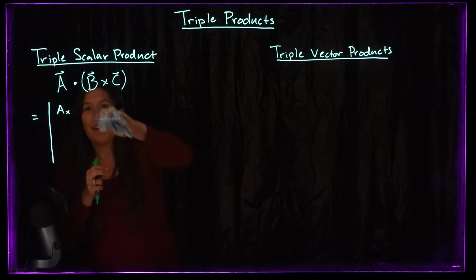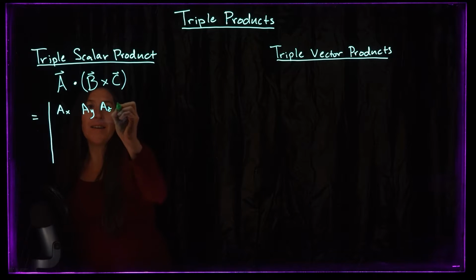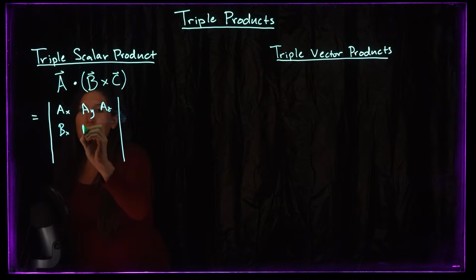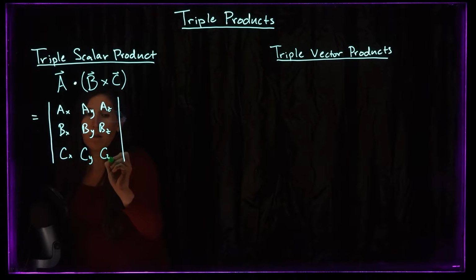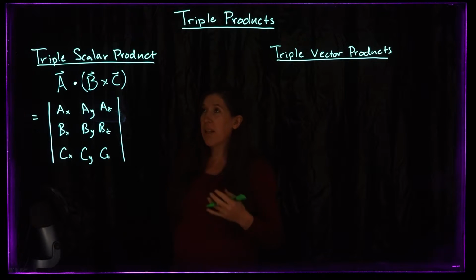But hopefully you can read it. It's a little better. AX, AY, AZ. The second row are the B components. And the third row are the C components. And if you take this determinant, then the result is a scalar and is the result of the triple scalar product.